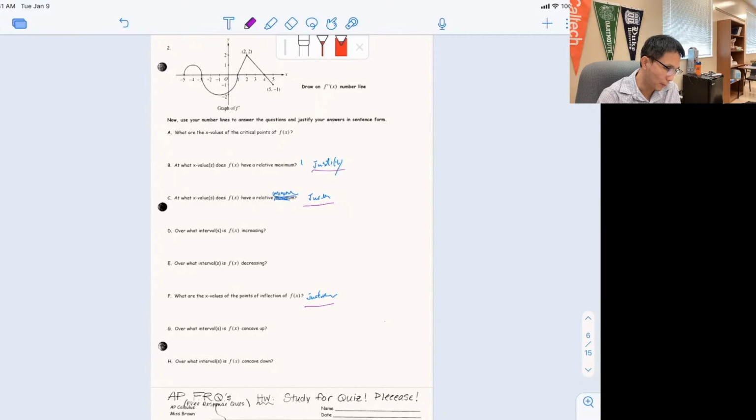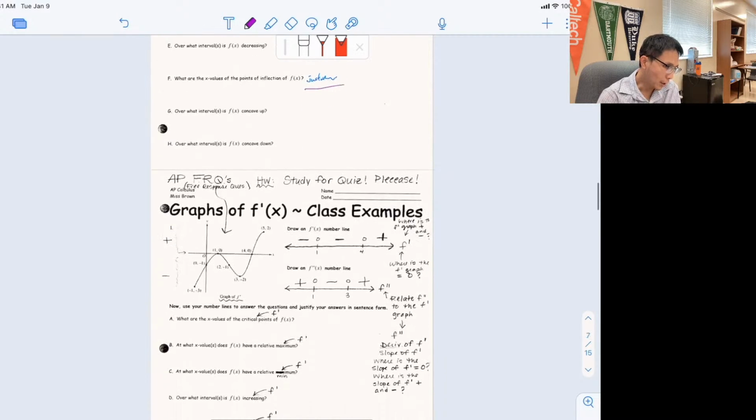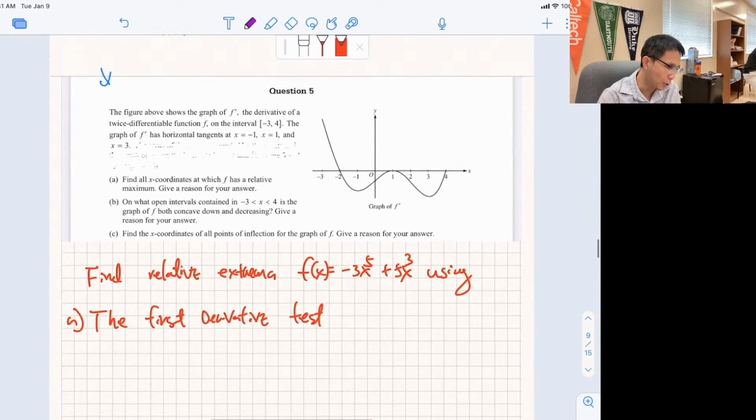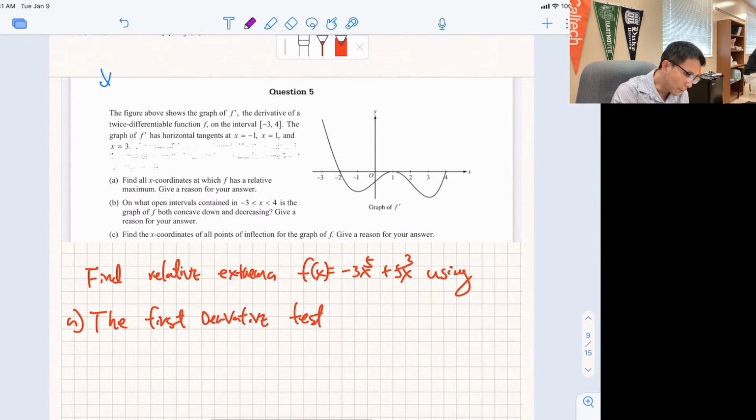Okay, so your homework is going to look like this, and this one you have to justify. This one you have to justify. This one you have to justify. And also you're going to get an actual AP exam question. I crossed out the bottom because there was handwritten work there with extra information that you cannot use for part D. You need that part, but I erased it. Hopefully you'll erase it on the test. So it's going to be question 5, and erase the bottom part after x equal to -1, x equal to 1, and x equal to 3.